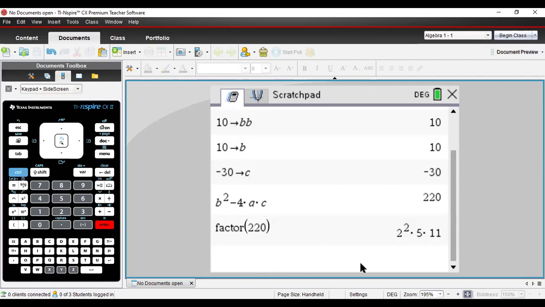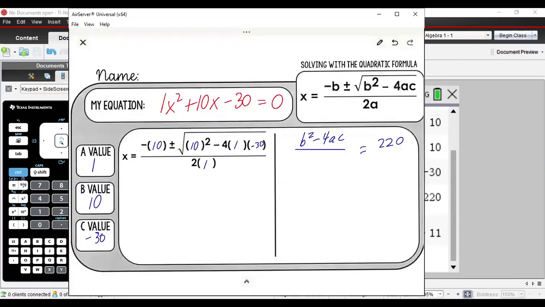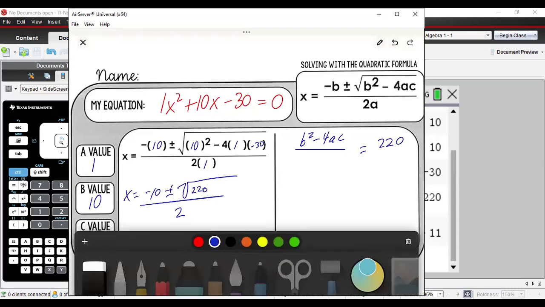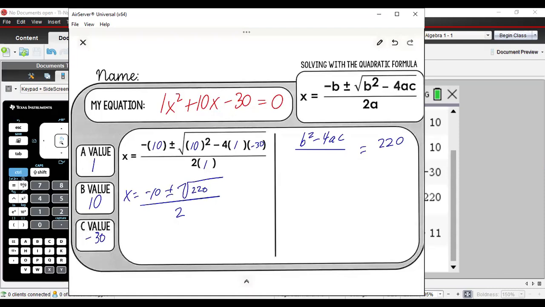So let's go back over here so I can show you what we're doing. And what we're going to have is x equals a negative 10 plus or minus the square root of 220 over 2. Now, what we're going to do is simplify the 220, because it can be simplified.